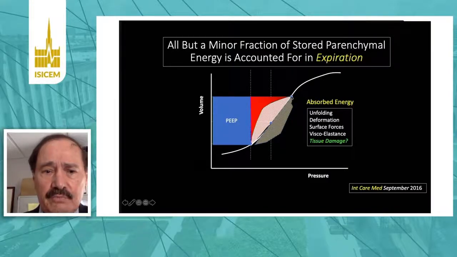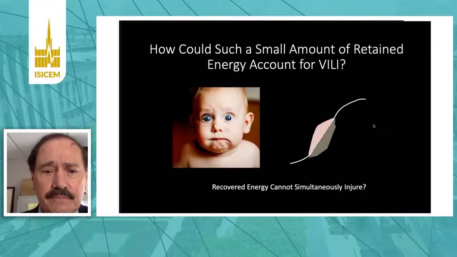That's the product of pressure and volume, the stored parenchymal energy, but we can't account for the absorbed energy, which is unfolding of lung units, deformation of lung units, overcoming surface forces, viscoelastance, which may be innocuous, but also tissue damage, because you cannot create or destroy energy. Energy that you can recover does not cause damage.